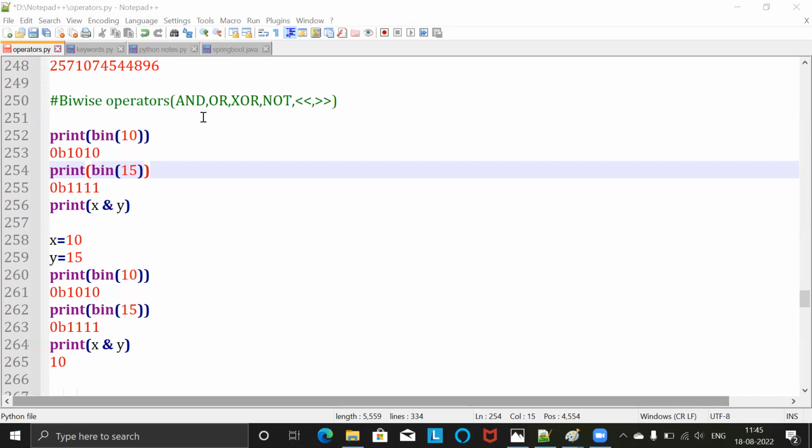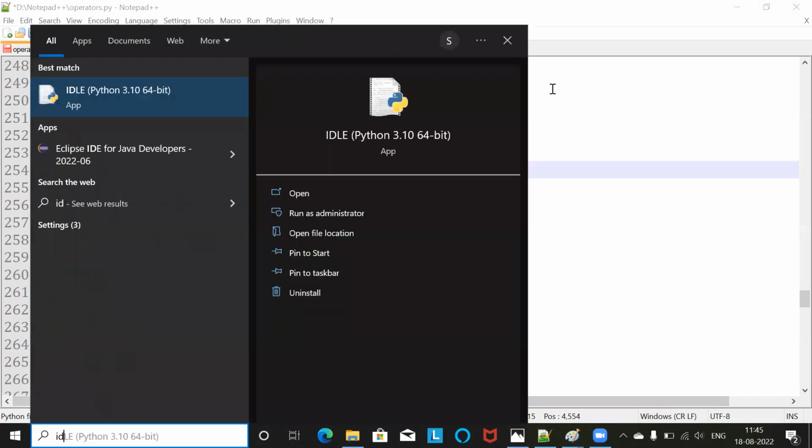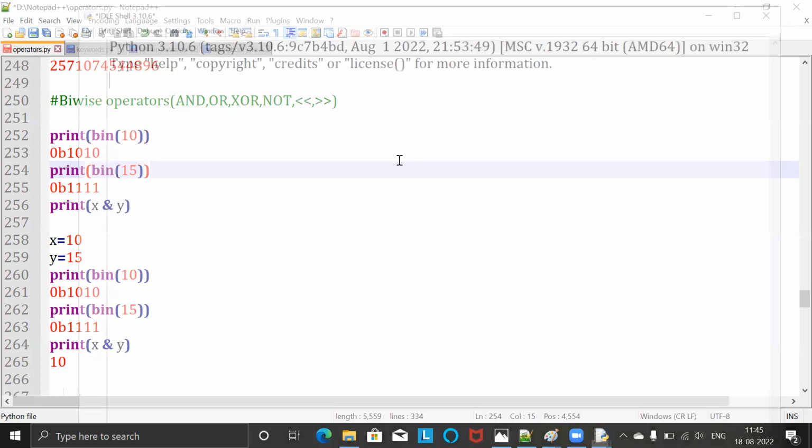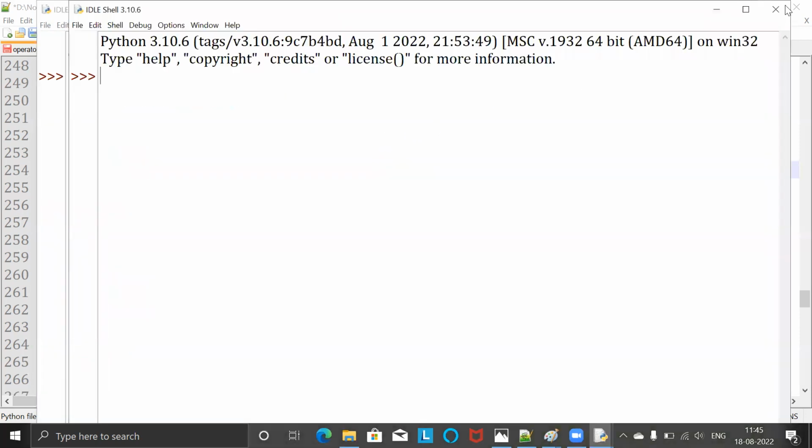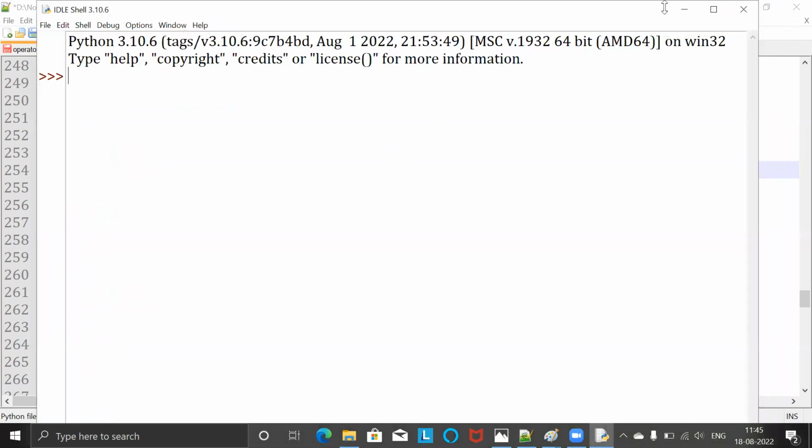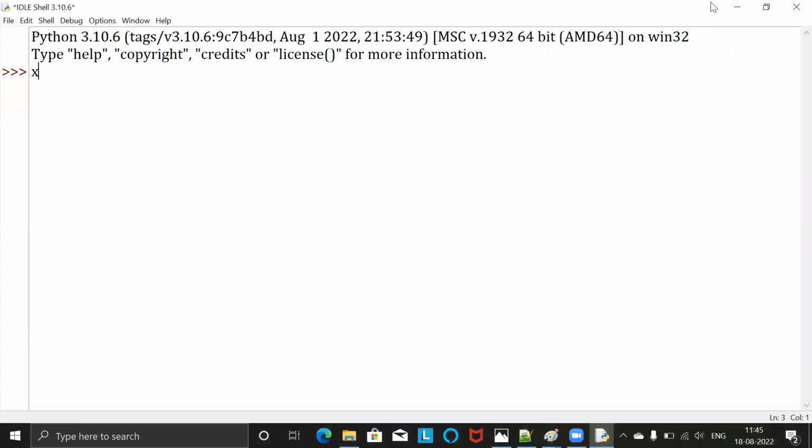Before understanding the bitwise operators, first we need to learn how to convert numbers to binary numbers. Here I take x equal to 10.